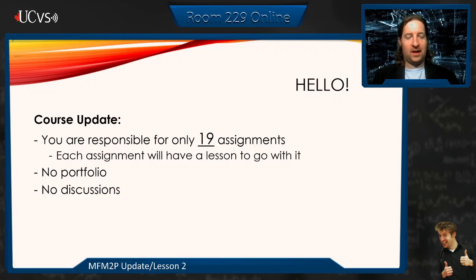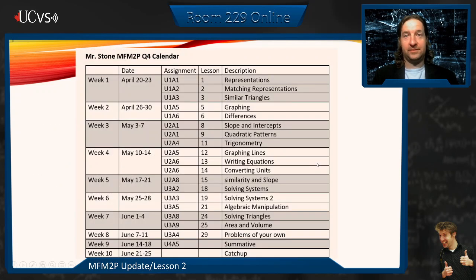Okay, so if you go on to the D2L, there's an announcement there that has a calendar, which breaks down all of the assignments that are required of you. For example, here we're in week 1, and you need to do 3 assignments. I know it sounds like a lot.